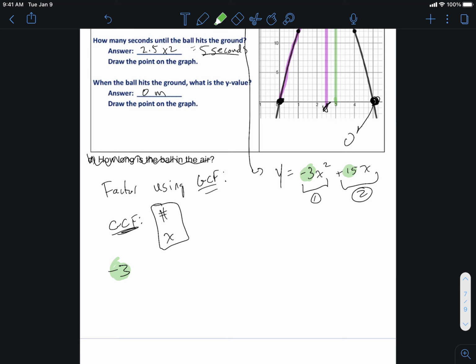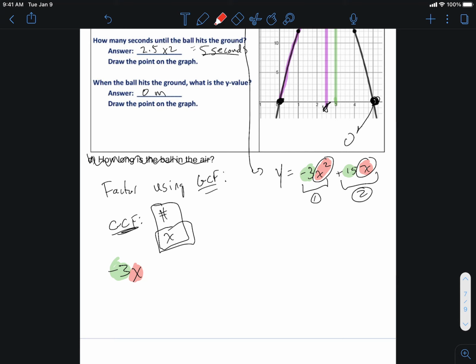Okay. All right, so that's good. We've built the first piece of our greatest common factor. The second one is, you ask yourself, what's the biggest number of x's that I can take out of both terms? Well, it looks like number 1 has 2 x's, but number 2 only has 1. So I can only take 1 x out, right? So now you've built your greatest common factor.